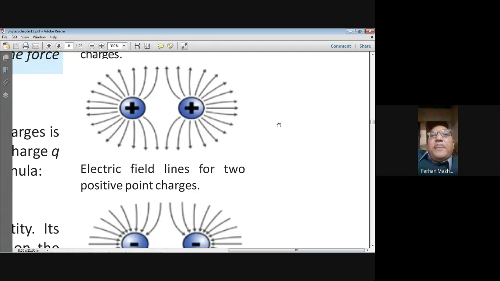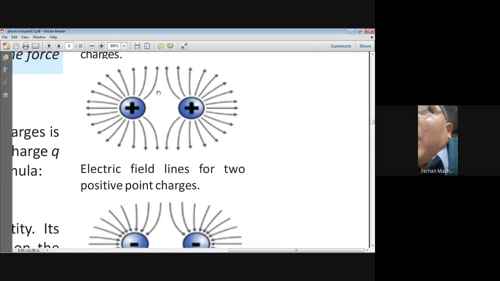So you see, there is a property of electric field lines that they do not intersect each other. Remember this property. So when they do not intersect each other, what will happen?